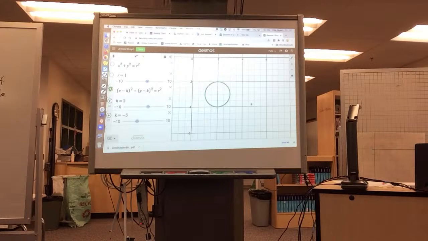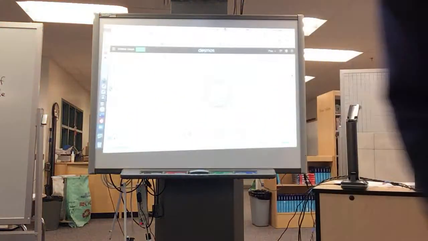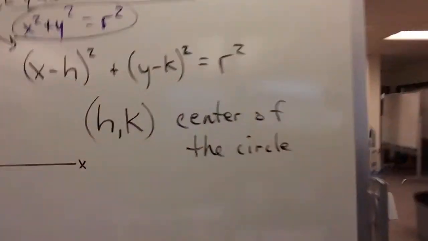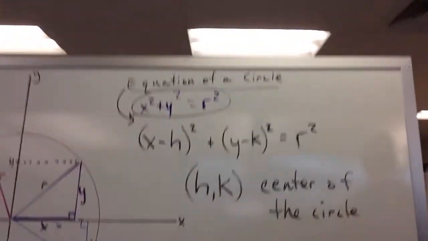That's a little scary looking, right? It's still kind of scary looking. But that right there, that's the formal, complete equation of a circle. There it is. That's the equation of the circle.